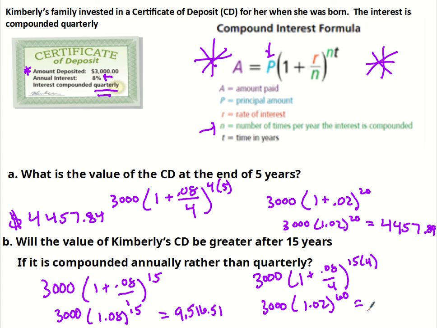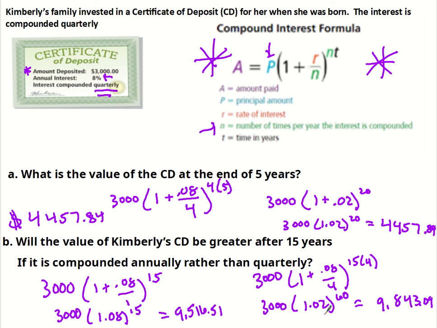If we compounded it quarterly, it'd be worth $9,800. Whoa, that was weird. $9,843.09. So by compounding it quarterly, this account, we made an extra $300. Okay, so compounding it quarterly would make it worth a little bit more.